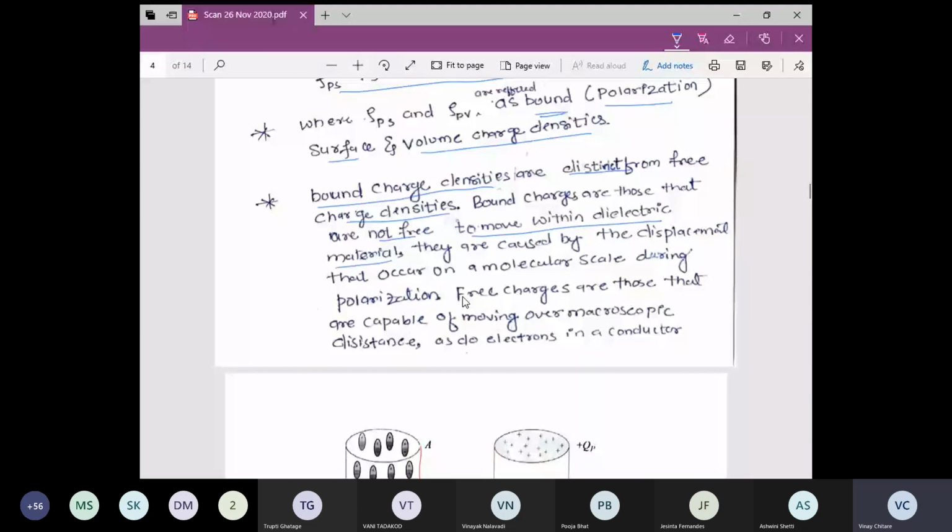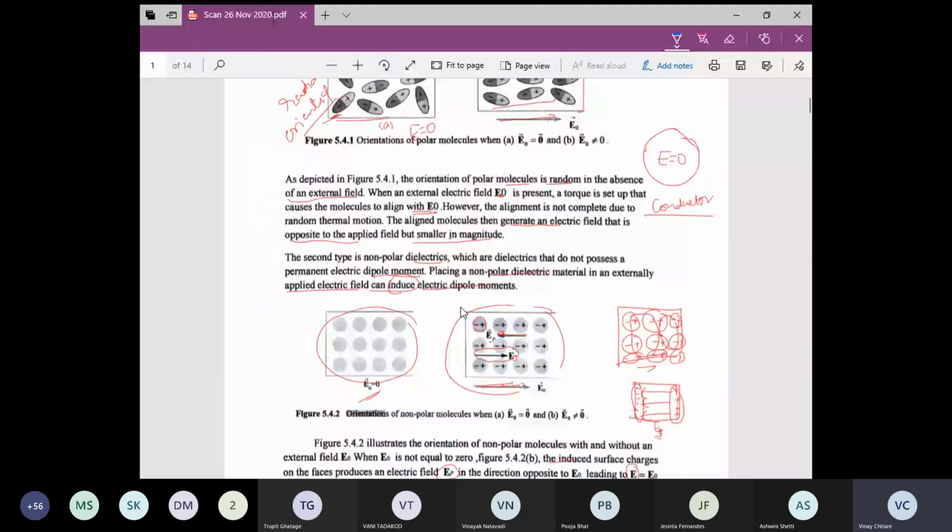So the surface charge densities and volume charge densities we see inside this material are because of the effect of polarization. As I told in the very first part, when polarization happens inside the dielectric material, you can think there is a cancellation, and as a net effect you have a negative surface charge density and a positive charge density.